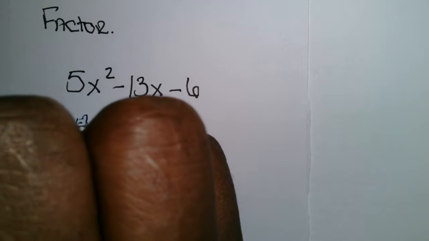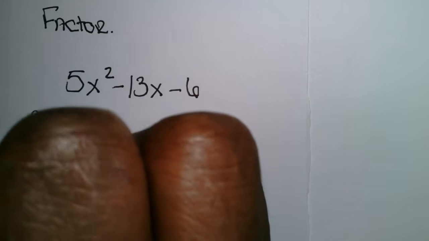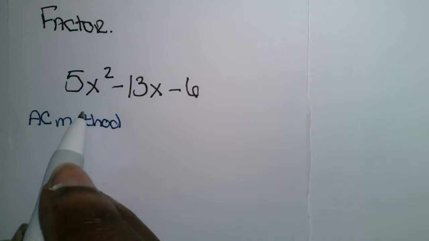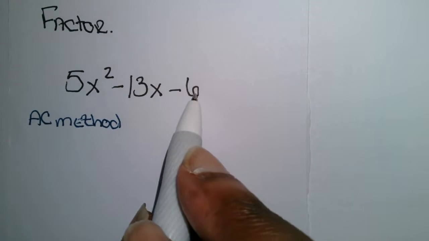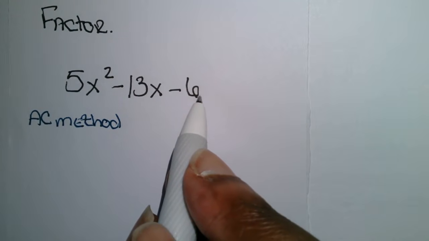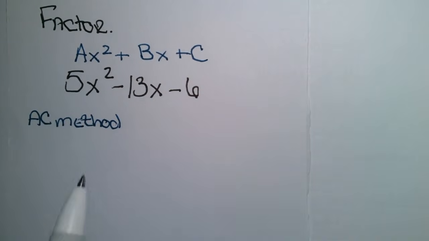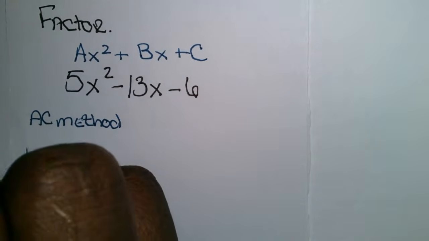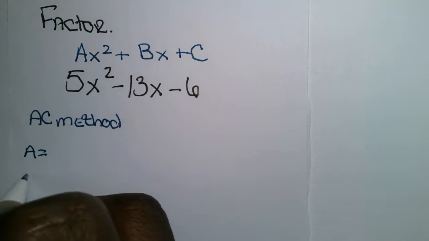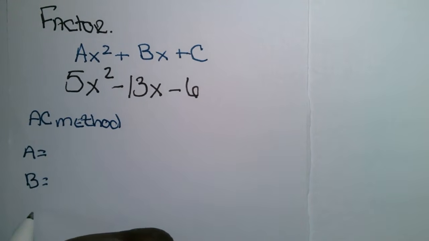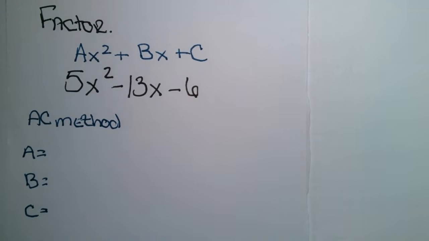And it's not just because it's part of my initials, because right now this expression is in standard form. So you have your ax squared plus bx plus c. All we need to know is what is our a, what is our b, and what is our c, just to get that listed.